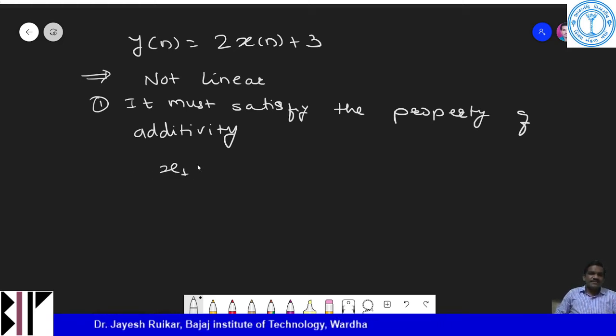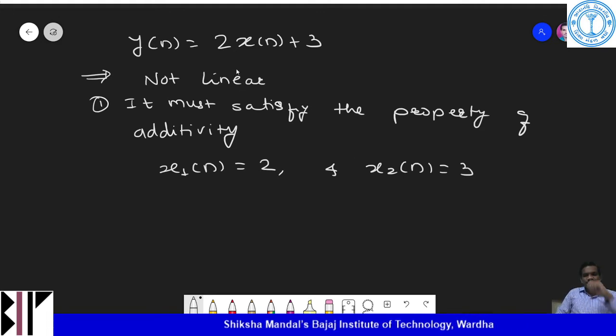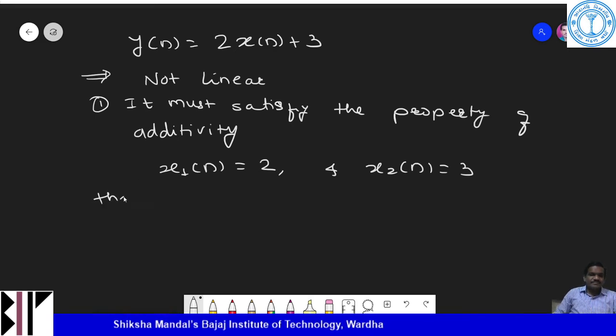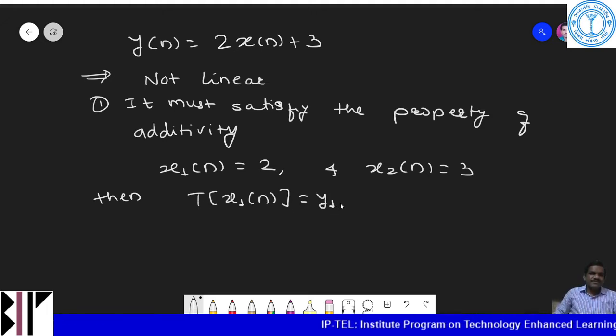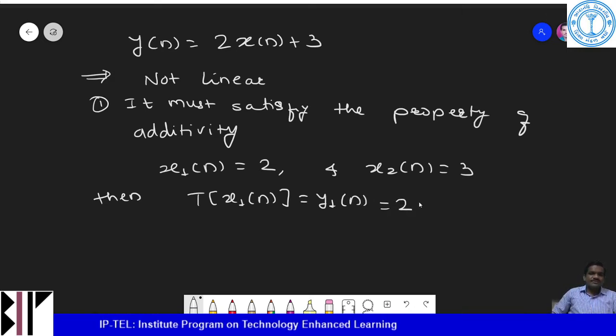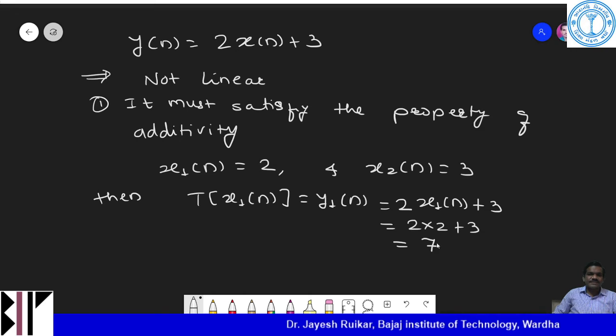If we consider that x1 of n is equal to 2 and x2 of n is equal to 3, then the transformation of x1 of n gives me y1 of n, which is equal to 2 times x1 of n plus 3. What is x1 of n? That is 2 into 2 plus 3, which is equal to 7.